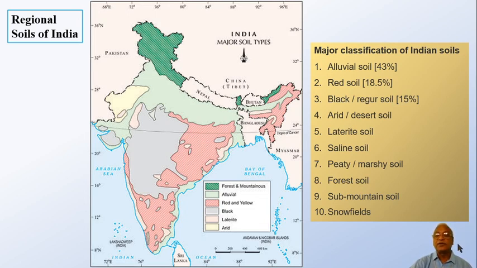The Indian Council of Agricultural Research, ICAR, set up an All India Soil Survey Committee in 1953, which divided the Indian soils into 8 major groups. This is a very logical classification of Indian soils and has gained wide acceptance.